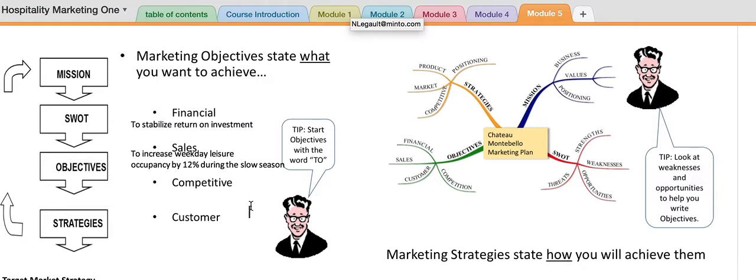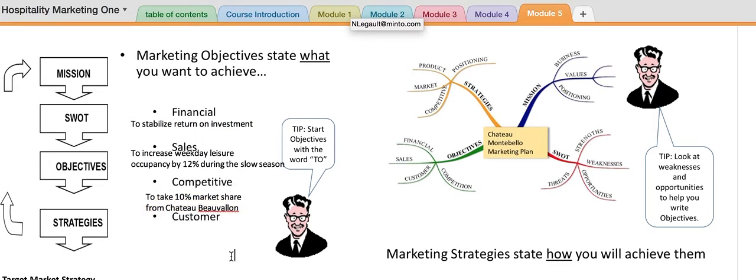So there are two markets, conferences and leisure, and they look at the slow periods and then they design an objective to build occupancy during those periods. They've done this, by the way, through Groupon deals. And if you haven't looked at their Groupon deals, take a look. They're pretty good. And that's a topic for marketing too.